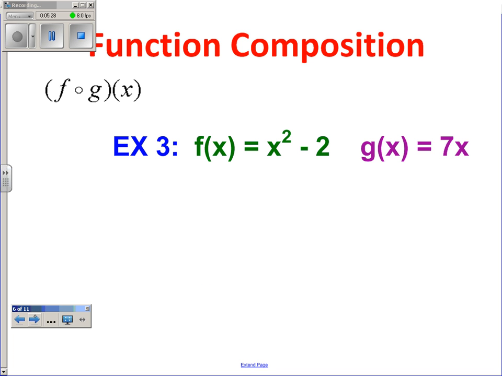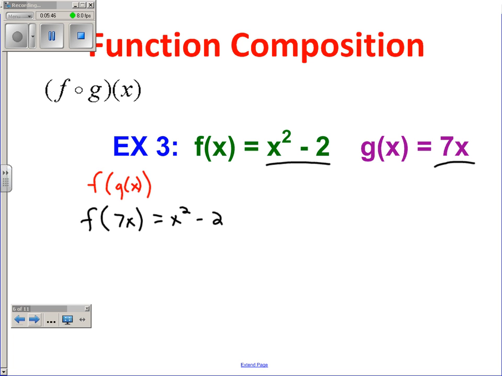Number 3. Let's rewrite it first. Put 7x in place of g of x. That's going to equal f, which is x squared minus 2. Parentheses in place of x. 7x goes inside my parentheses.